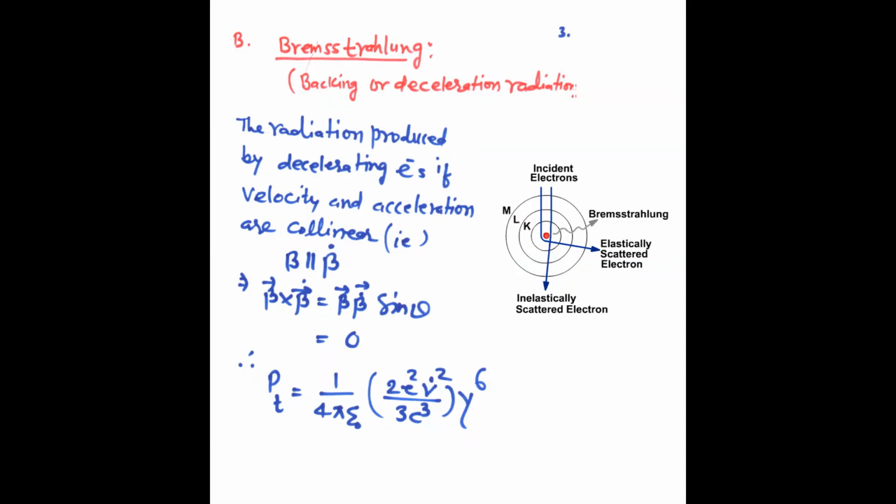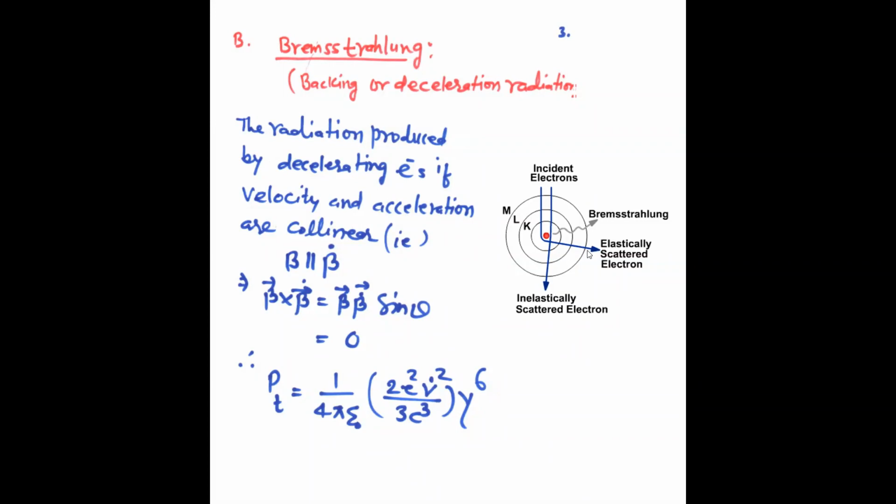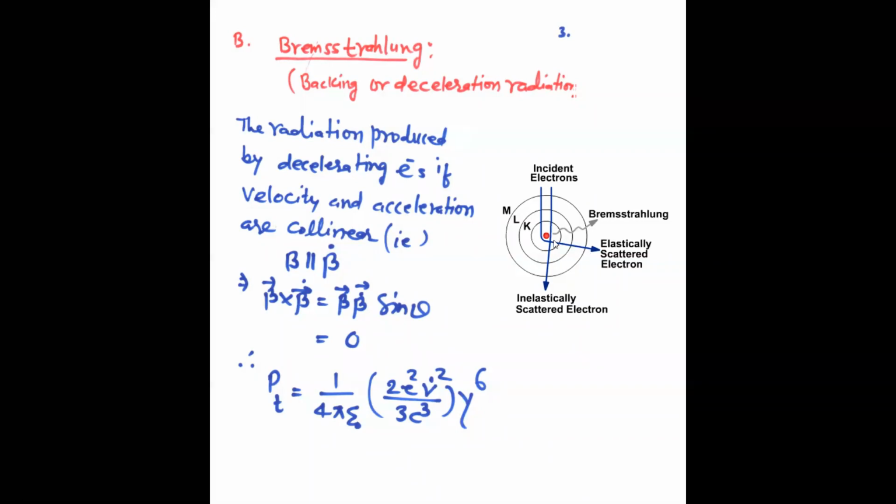Especially for Bremsstrahlung, the incident electron provides some amount of energy to the atom. Because of that, the energy of the electron is decreased, and there is a deceleration in this electron. This deceleration causes emission of X-ray, and this phenomenon is called Bremsstrahlung.